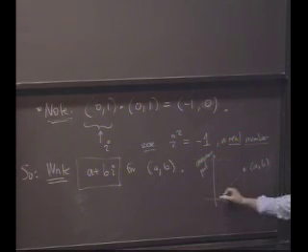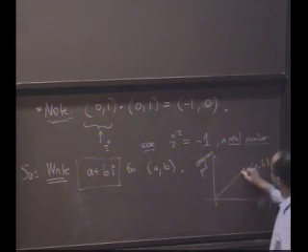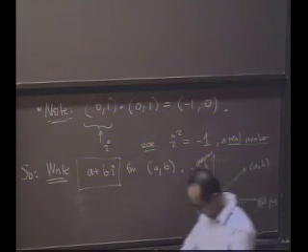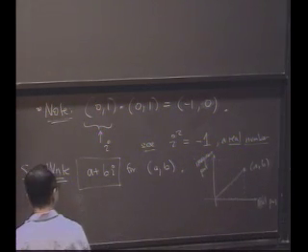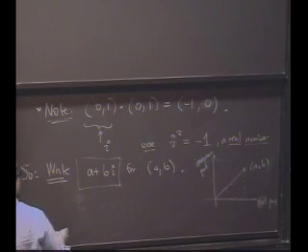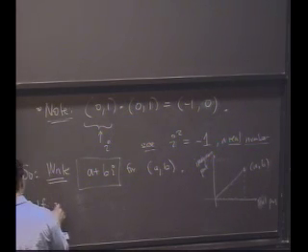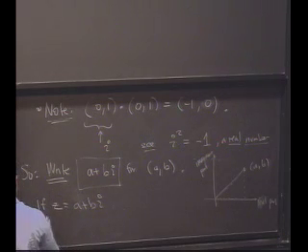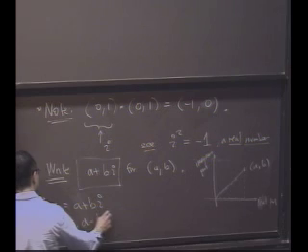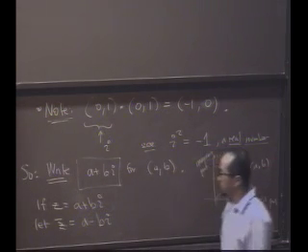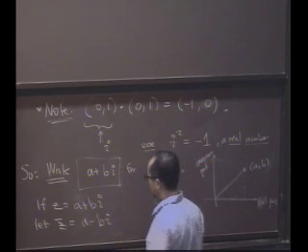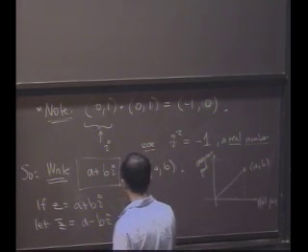Okay. Good. Well, there are also several geometric notions associated with this creature. So if z is a plus bi, we'll define z bar to be a minus bi. So the imaginary part gets negated, and this is called the conjugate of z.